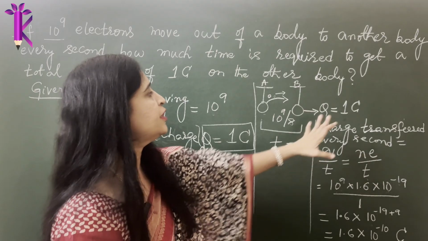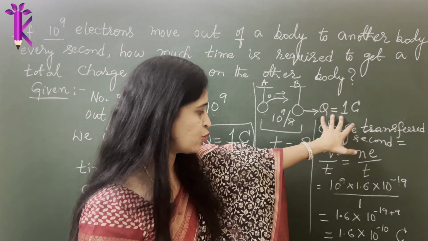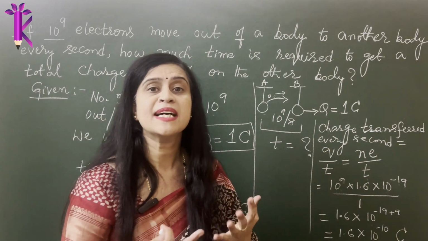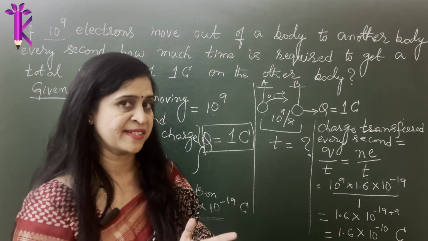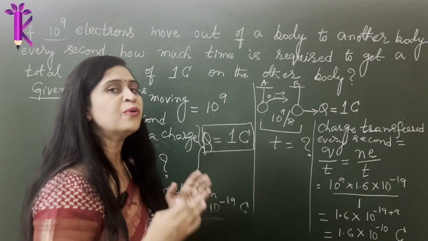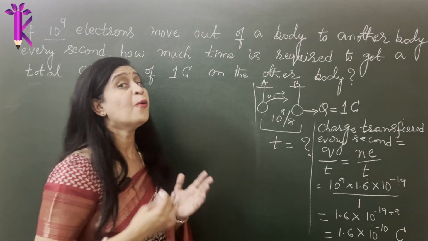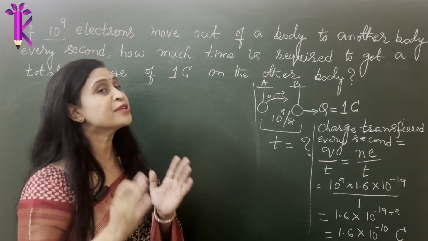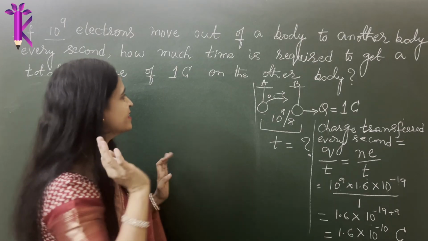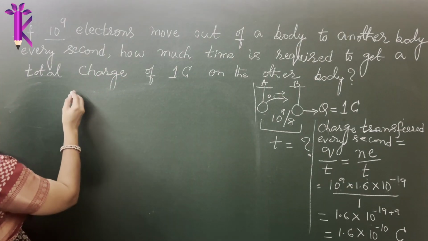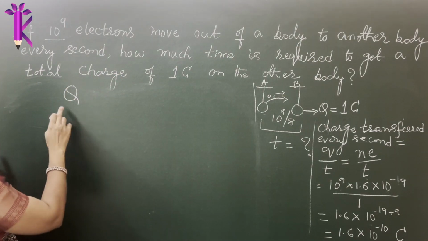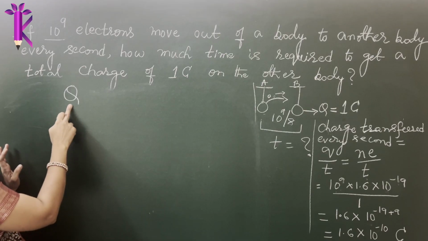Now, if you need to charge it to 1 coulomb, what is the time that is required? That is the question. Let's figure it out. I will give you a minute to think and then I am going to reveal the answer. Well, I hope you must have figured it out. If not, I am going to reveal the answer. The total charge that we need to transfer is 1 coulomb.